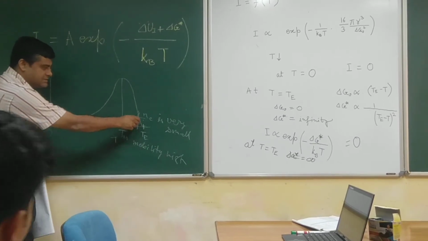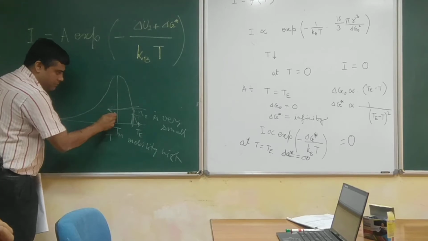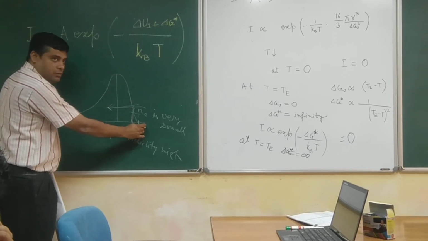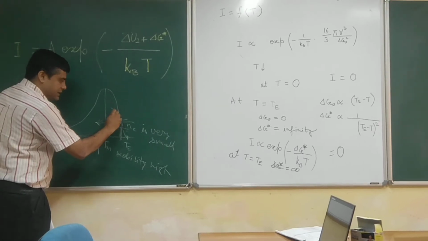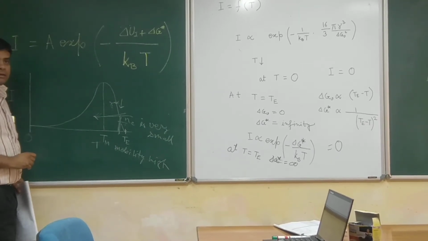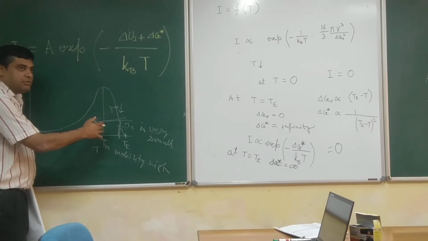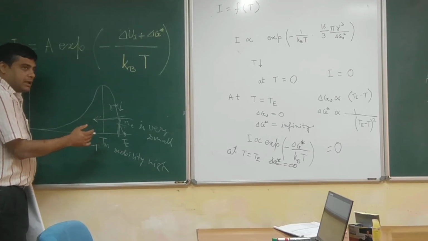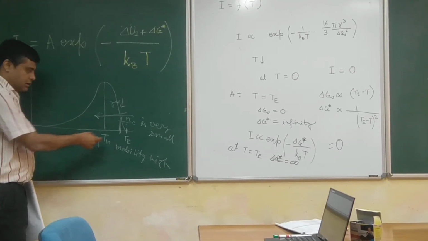But as you go down in temperature from your equilibrium transformation temperature, what is happening? Your R star comes down very rapidly, more rapidly than your mobility comes down.